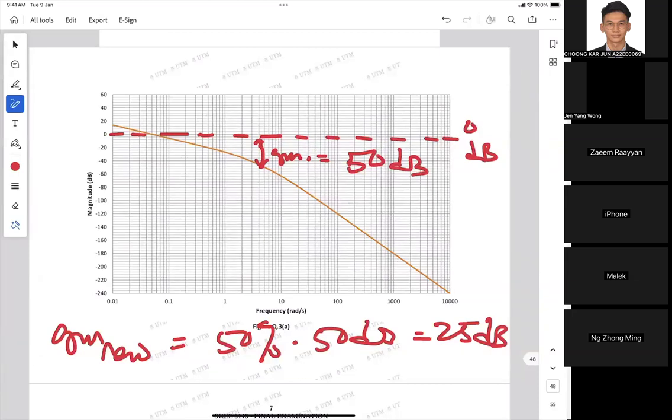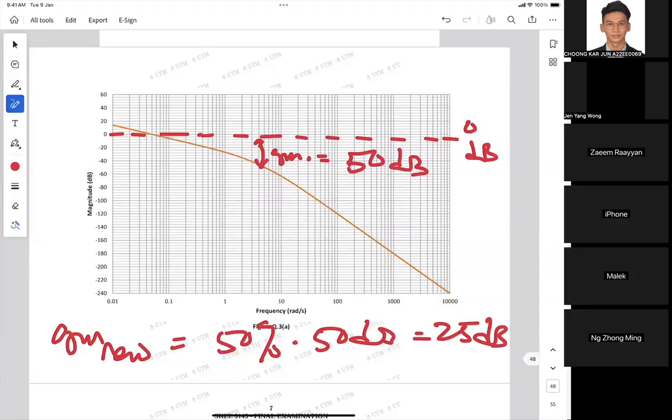Shift up or shift down? The gain curve should be shifted up or shifted down. The previous one, 50 decibel. The new one, 25 decibel.